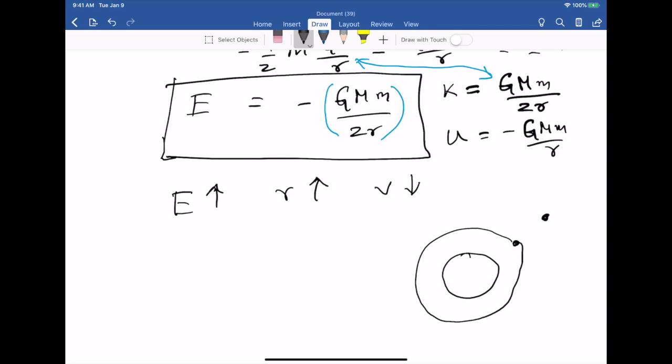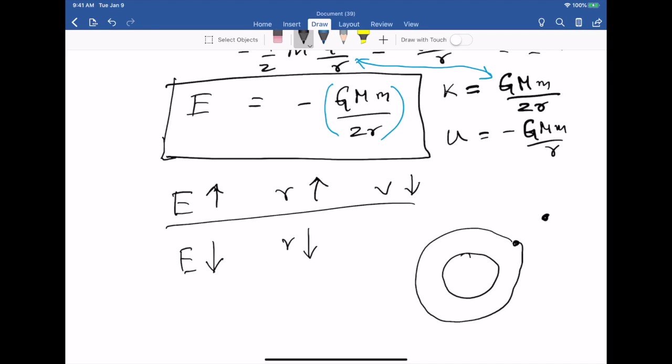So keep this in mind, a satellite that gains energy moves to a higher radius and moves slower. What if a satellite loses energy? So if it loses energy, you can run through the same arguments and conclude that the opposite thing will happen. Its radius will go down, which means that it would move to a closer radius.